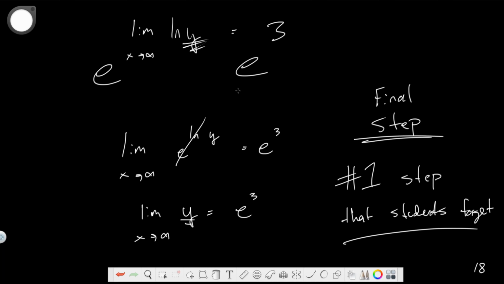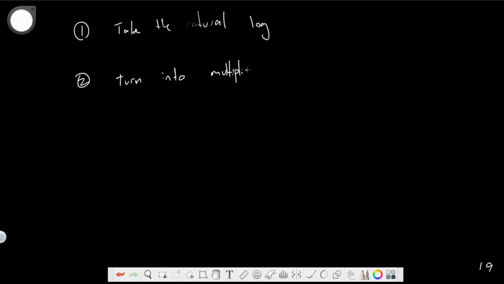The last thing that I will say is that you will use this natural log method. Step 1, take the natural log. Step 2, turn into multiplication. Step 3, turn into quotient.